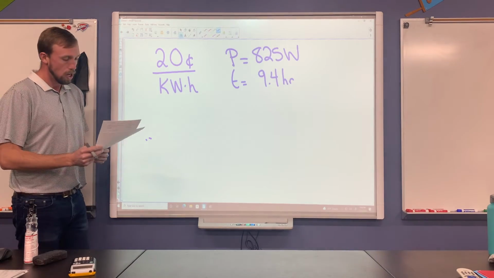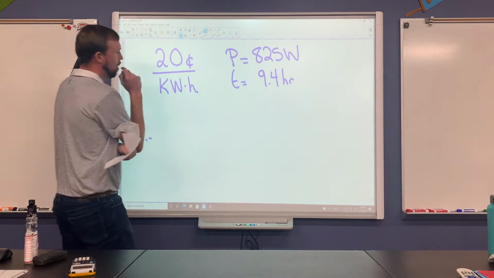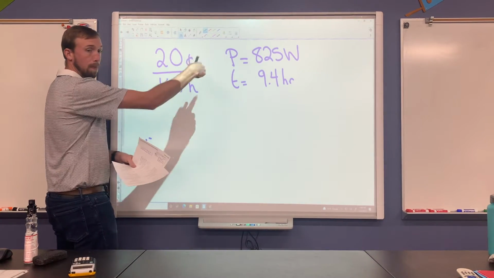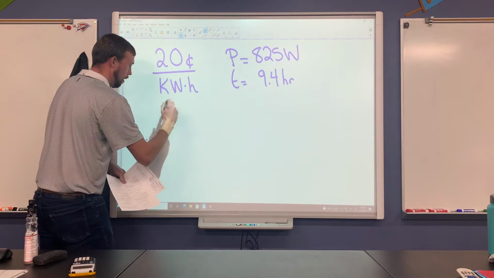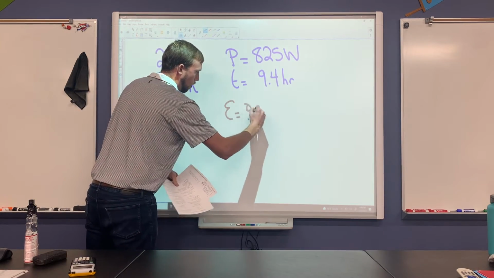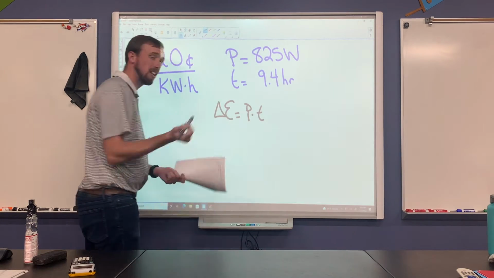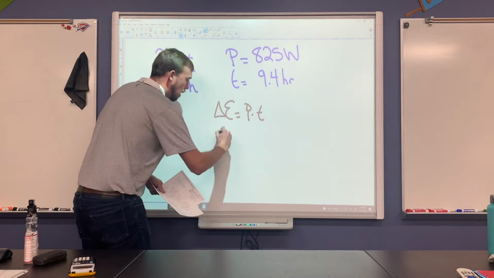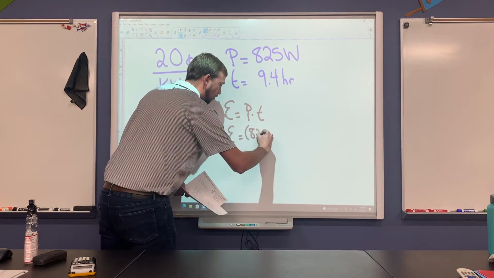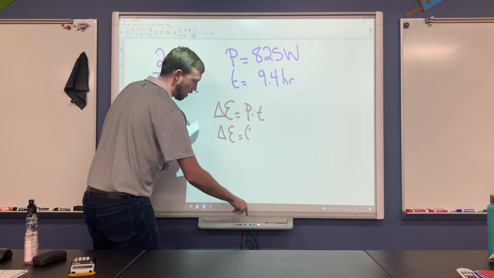Okay. So I want to find my kilowatt hours. To be specific, this is actually a measurement of energy because we're going to take power times time. So our change in energy is equal to power times time, kind of the same equation we used earlier. Our change in energy, how much energy we're using, is 825. Oh, it does say kilowatts, so I want to pay attention to that.